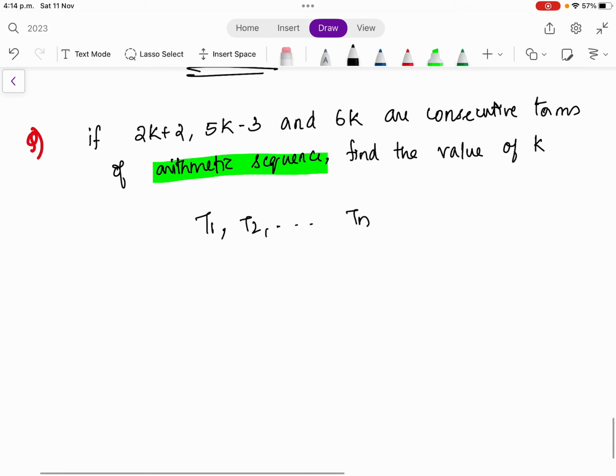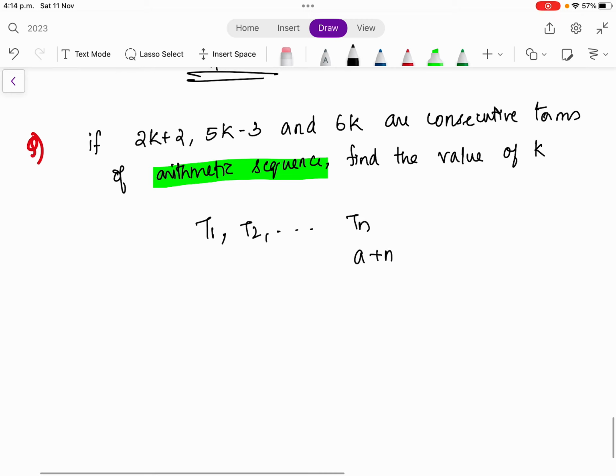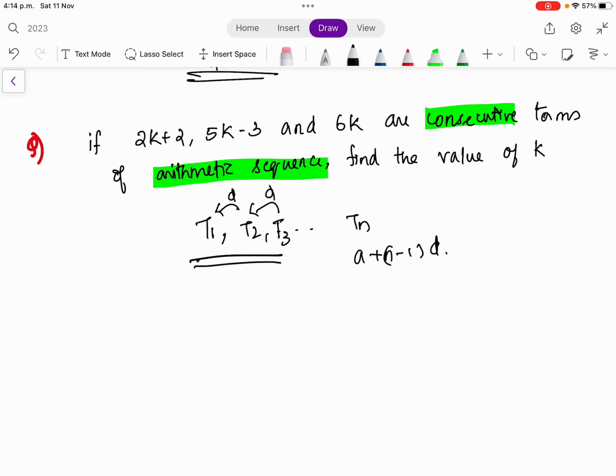So for an arithmetic sequence we should immediately remember that T1, T2 go like this. For Tn, it is A plus n minus 1 into D, that is the nth term of the sequence, and also there is a common difference: T2 minus T1 is equal to D, and T3 minus T2 will also be equal to D. They have mentioned consecutive terms, which means that we are working on any three terms of the arithmetic sequence, not necessarily the first three.